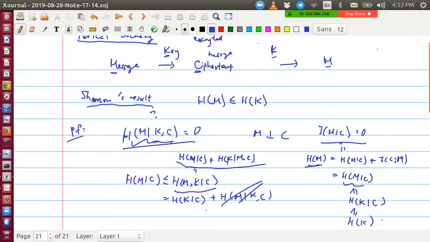So it just says that to have perfect secrecy, we should send K bigger than M. That's intuitively something like that. Actually it's saying that your K has to be bigger than M.